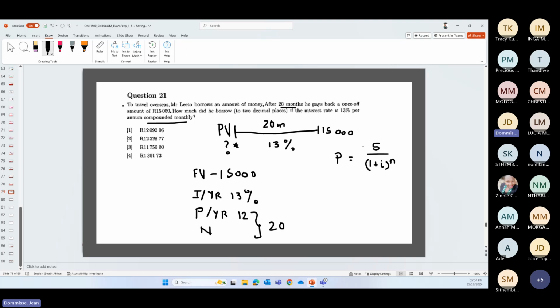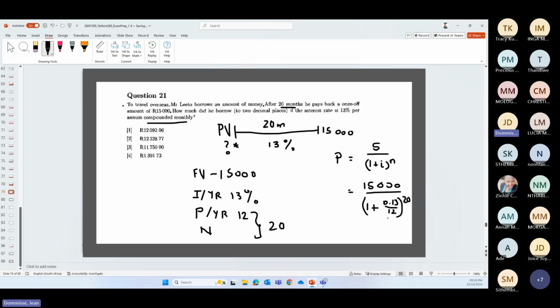I will work out now what the N should be. But also, if you quickly check how we would have put it in the formula: the 15,000, and then you divide by the interest rate divided by 12 because it is monthly, and that would have been to a power of 20.